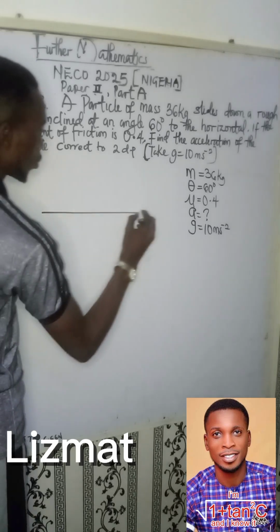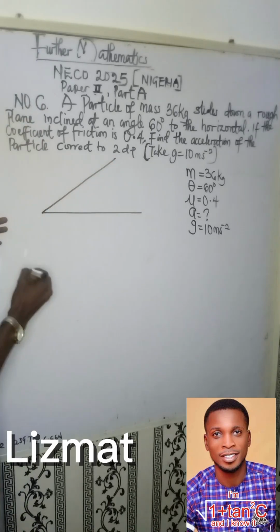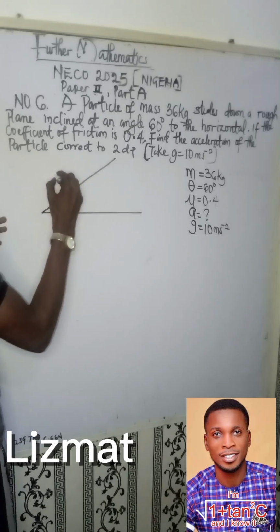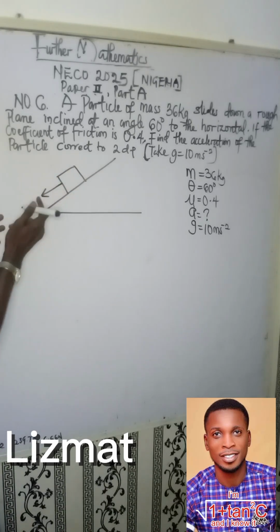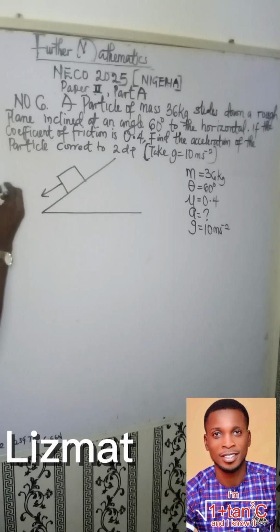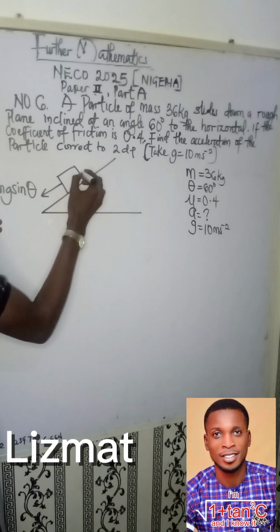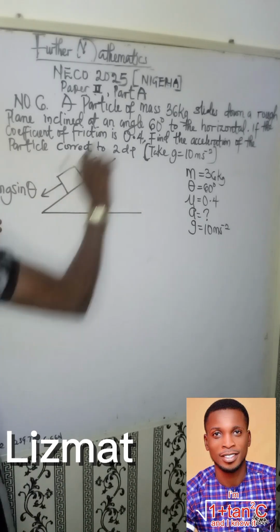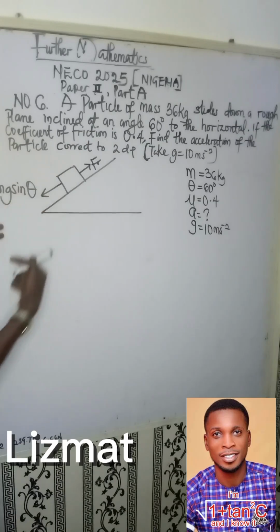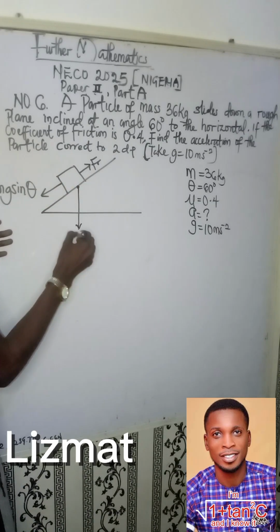So we have a horizontal plane and we have an inclined plane here, and the particle is here sliding downward. The force pulling this particle downward is mg sin theta. We were told there is a frictional force that will be opposing the downward motion of the object. We have the weight of the object, which is mg.